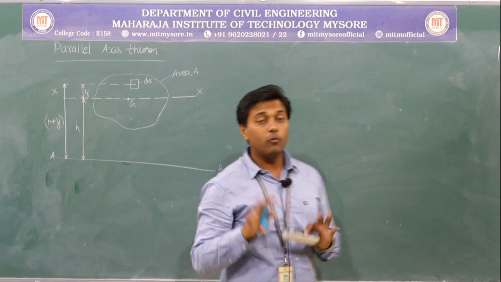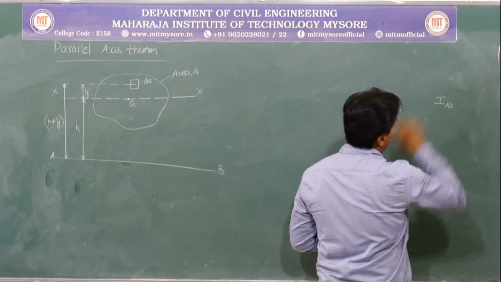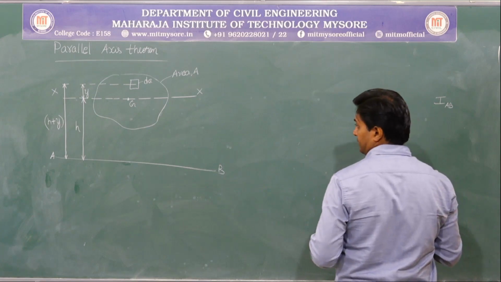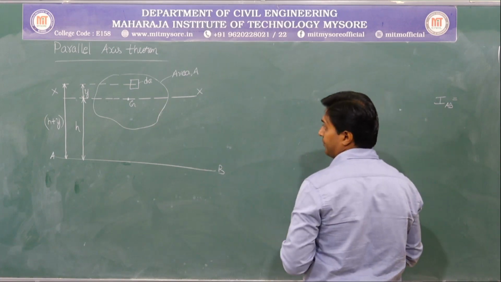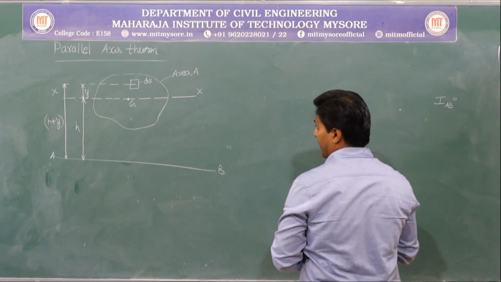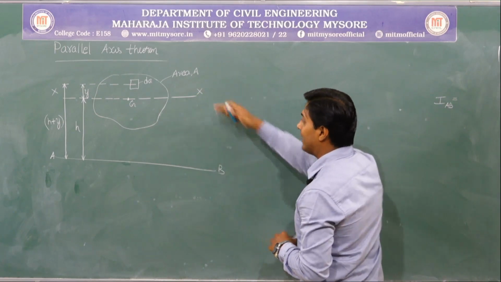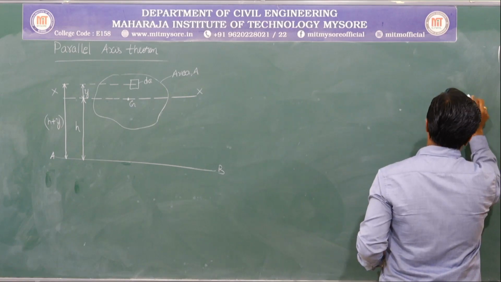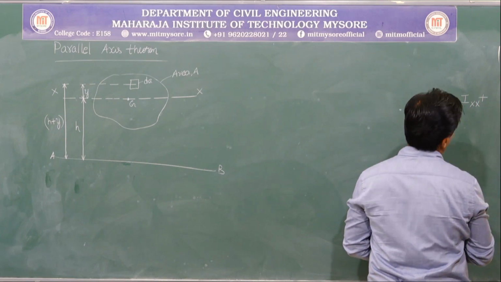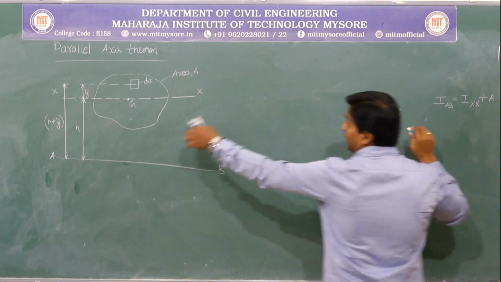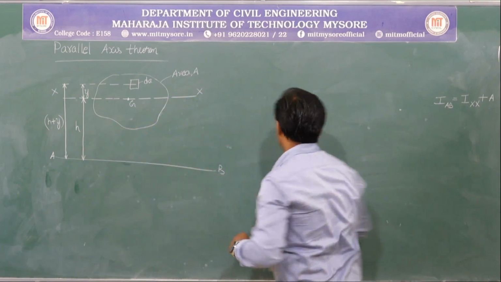Now let me tell you what the final thing is that we need to derive here. The moment of inertia of any area about a plane is equal to the sum of the moment of inertia about a plane passing through the centroid and the product of the area and the square of the perpendicular distance between the two parallel axes, that is h square.